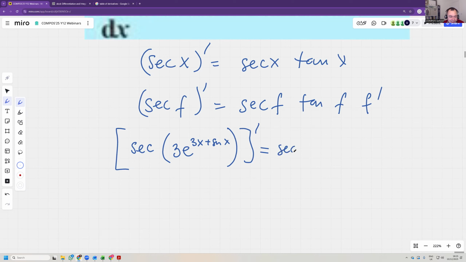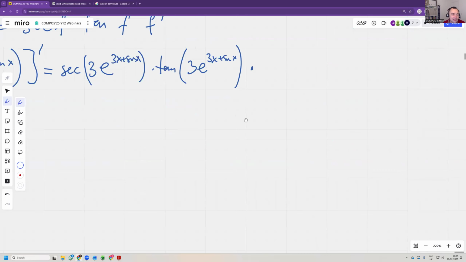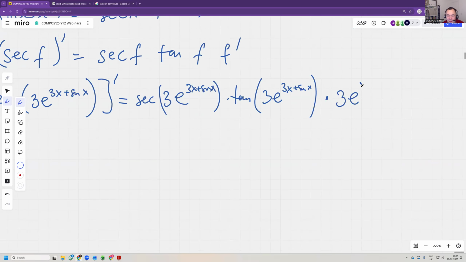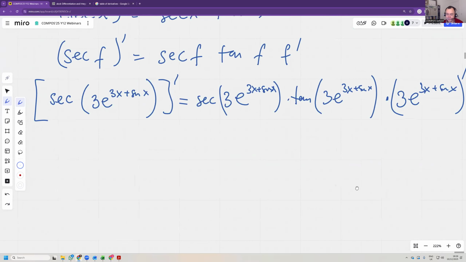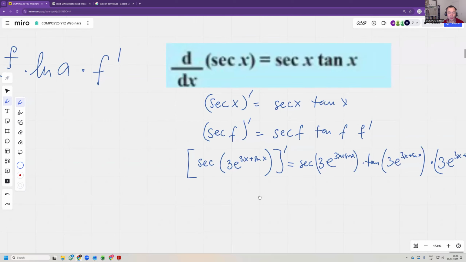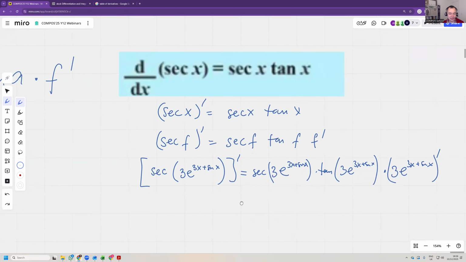I can just do sec of 3e to the 3x plus sine x multiplied by tan of 3e to the 3x plus sine x, multiplied by the derivative of 3e to the 3x plus sine x. And then I deal with this, but this is simpler to deal with. So here I use this rule again.